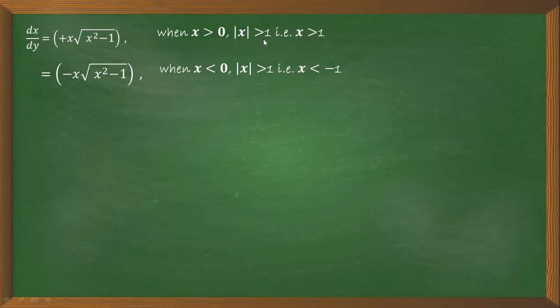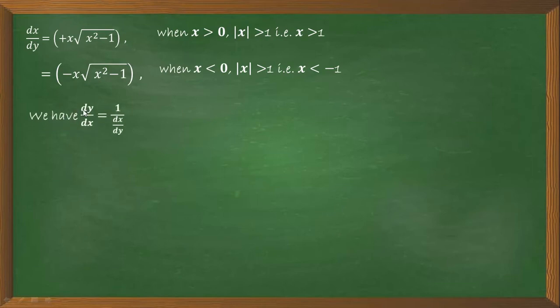Modulus of x is greater than 1 means what? x greater than 1 and x less than minus 1. So when x is greater than 1, we get this, and when x is less than minus 1 we get this. But both these are positive. This expression is also positive and this expression is also positive.